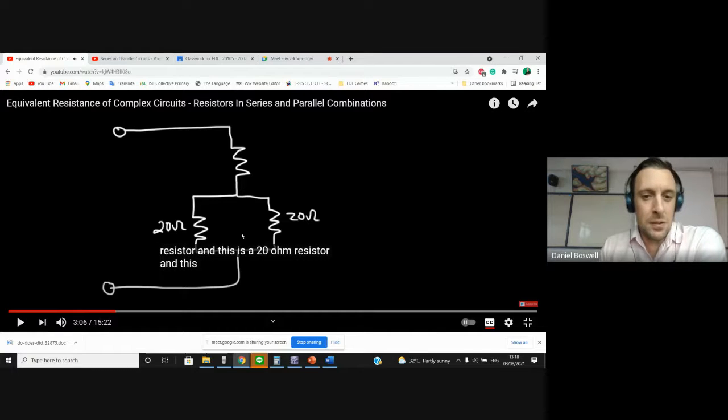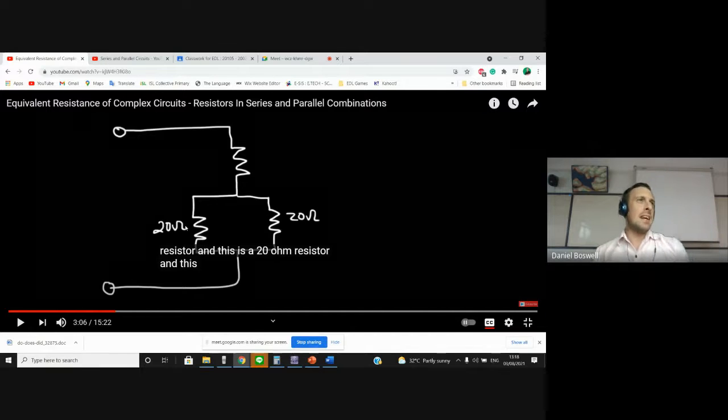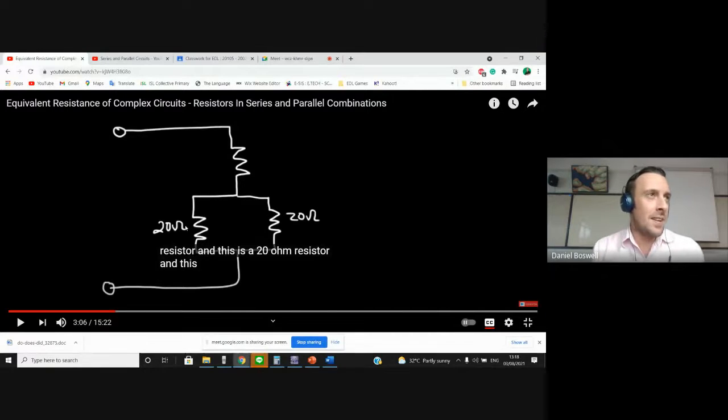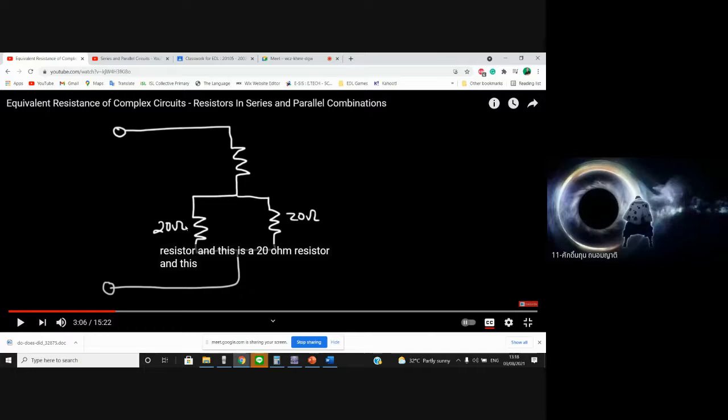Okay, so these two 20 ohm resistors, are they in series or are they in parallel? Let's go back to, I don't know, number 24. We got only 23.